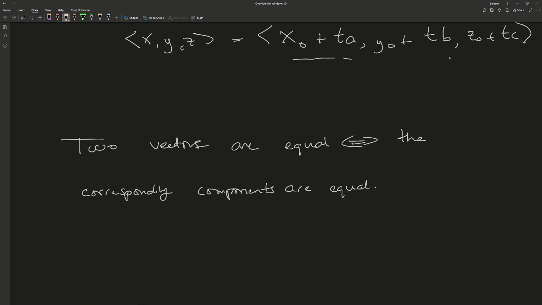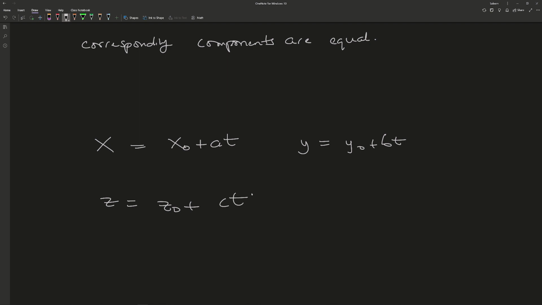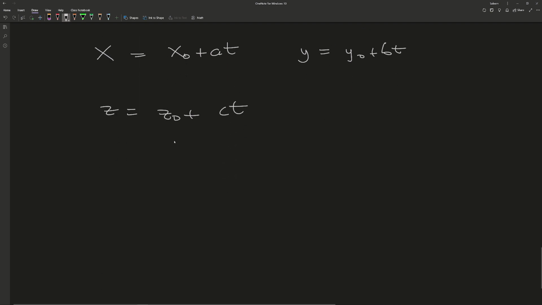This is the first one, second one, third one. So let's just extract that. That tells me that x is equal to x0 plus lambda a, or at, y is equal to y0 plus bt, and z is equal to z0 plus ct, where t or lambda is real. Forgot that. Very important.